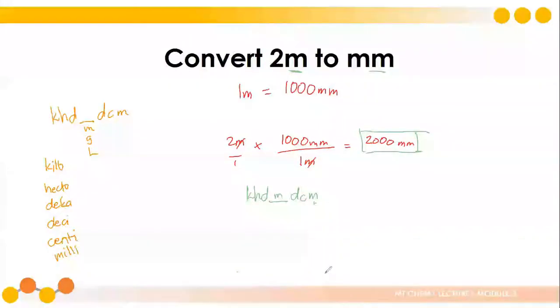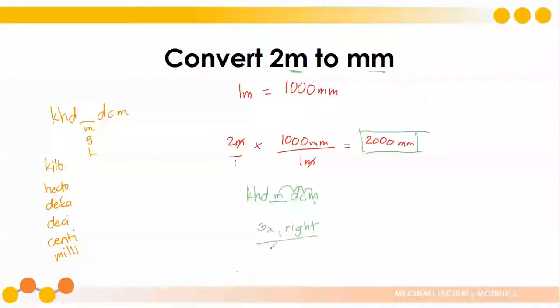So what you're going to do is count how many times you have to move before you reach M, this milli. So you have to say 1, 2, 3. Okay, so your movement was 3 times. And then also take note of the direction. That's 3 times to the right.